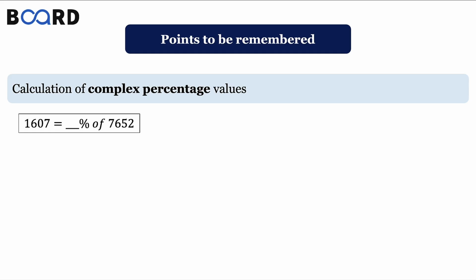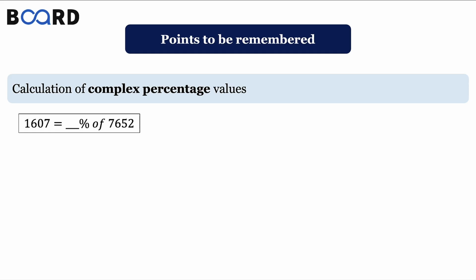The question will possibly be, let's say there's a company XYZ, which has got its sales value as 1607 in, say, 2003, and its overall sales value for the entire period is 7652. So its sales value of 2003 makes how much percentage of its total sales value over the given period of time. So this is basically the question, right?